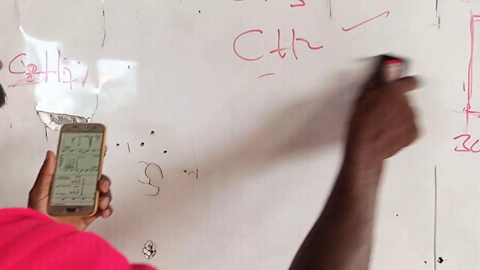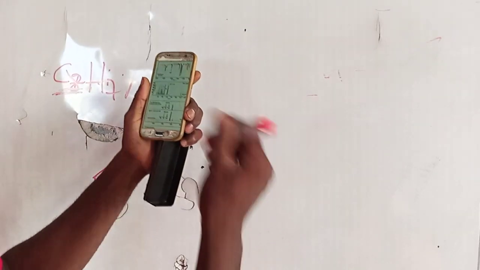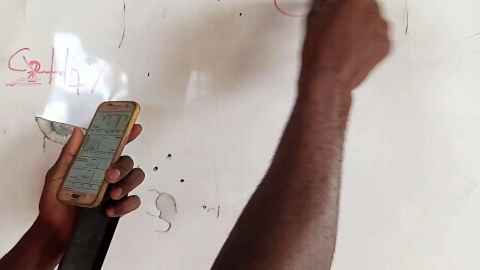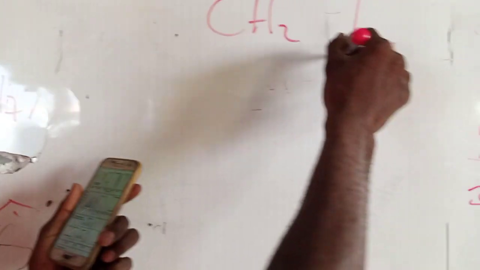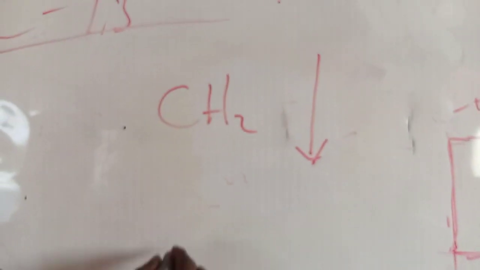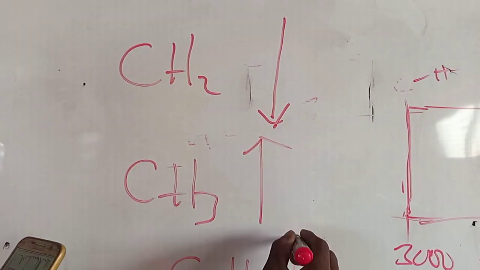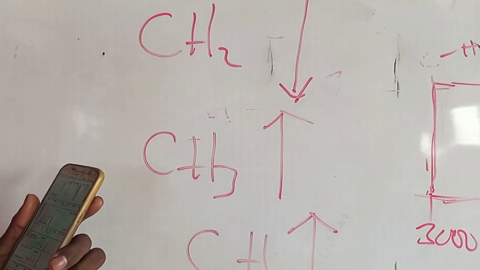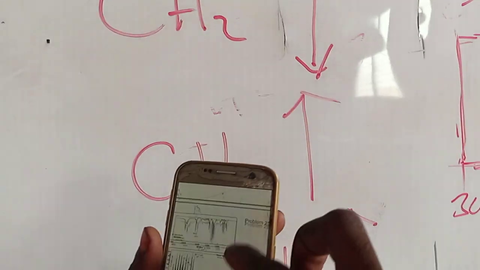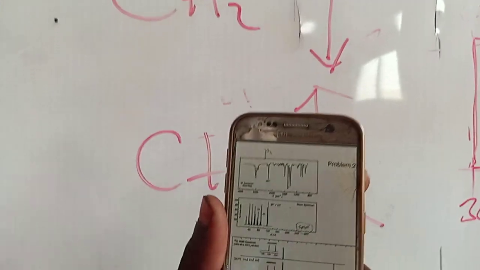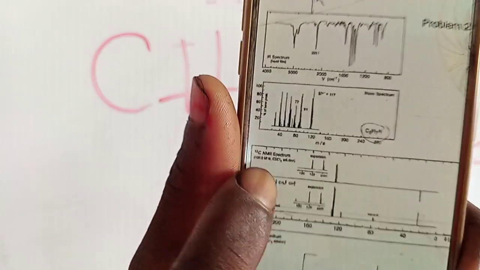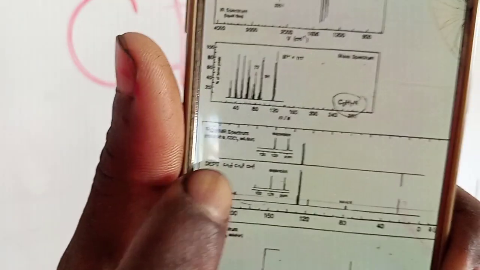Let's see what is going to happen from the DEPT. Now, in the DEPT, if it's CH2, you have what we call an inverted peak. But apart from that, CH3 has an upright peak, and a CH also has an upright peak. Let's see what is in here in our DEPT. You could see that it is written carbon 13 spectrum, then DEPT.